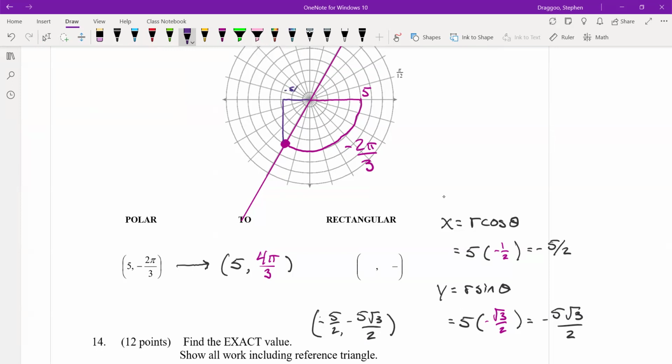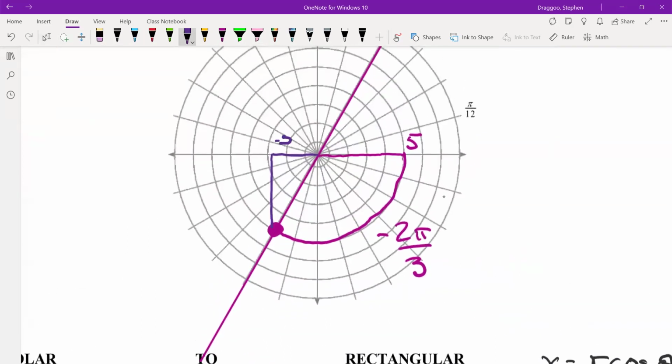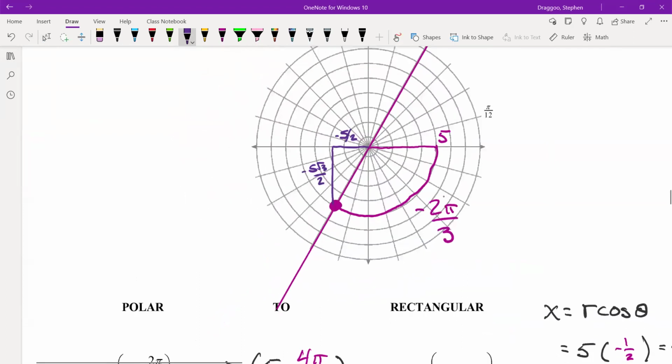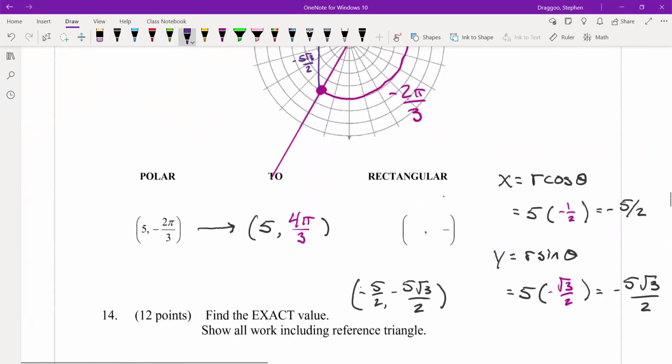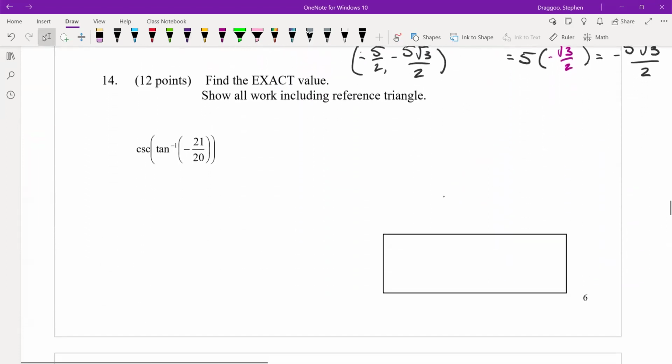This is a length of negative 5 over 2. If I zoom in right here, negative 5 over 2 and negative 5√3 over 2 would be those two lengths. This is still just following those points out left and right and up and down, as we do with our rectangular points. Moving on to number 14.